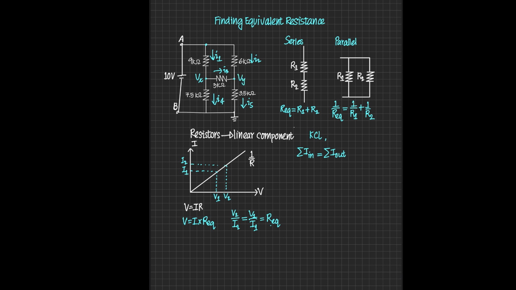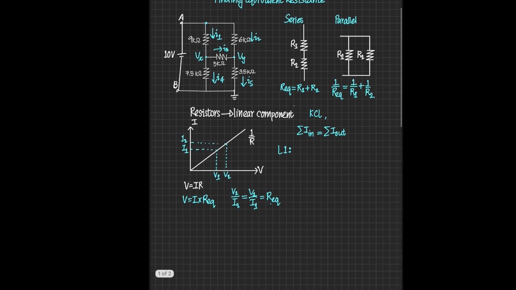Let's use this portion of the circuit for our primary calculations, let's name it L1. According to the circuit and the KCL law, I1 is going into the junction, while I3 and I4 are going out of the junction. Therefore, I1 is equal to I3 plus I4.